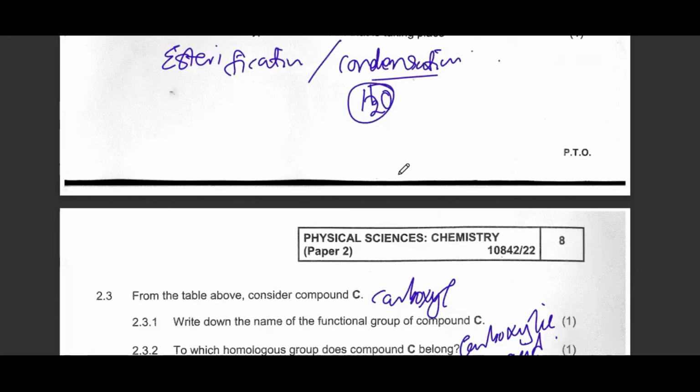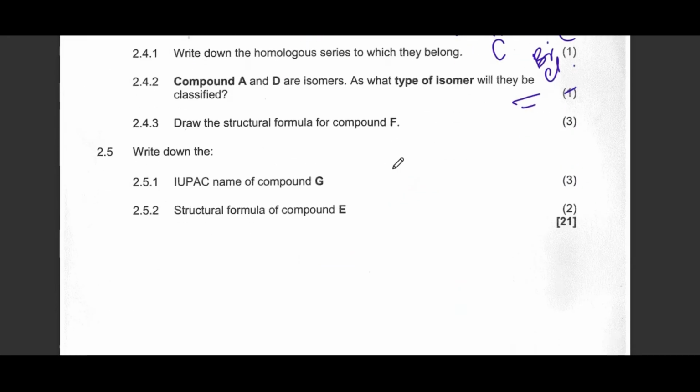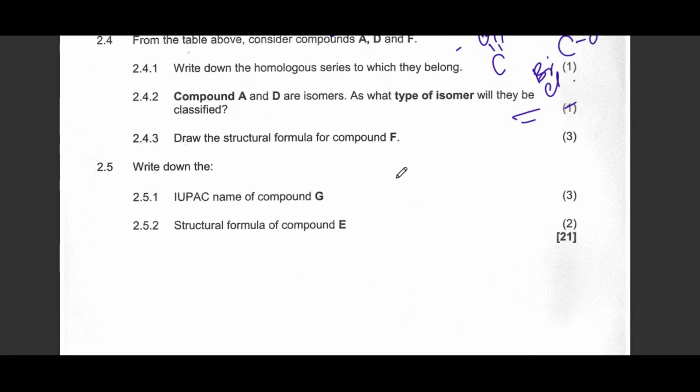F. So it means that the homologous series is alcohol. And what is the functional group? So the answer here is going to be alcohol. Yes, so we have seen that they belong to alcohol.